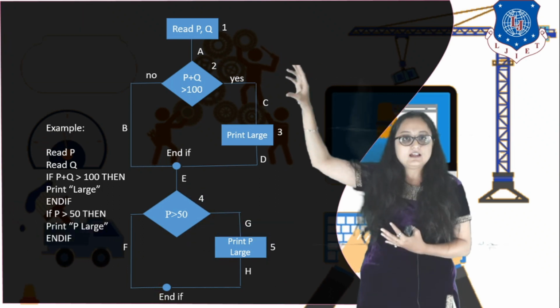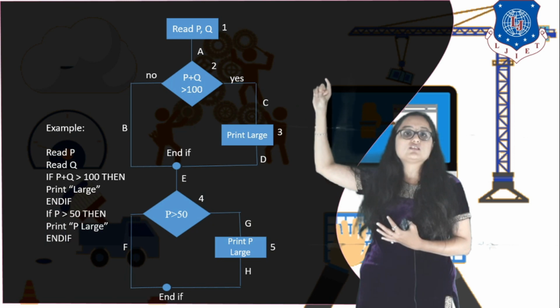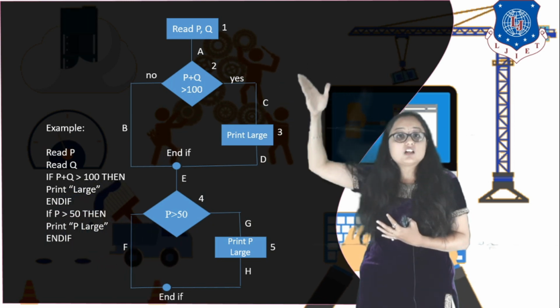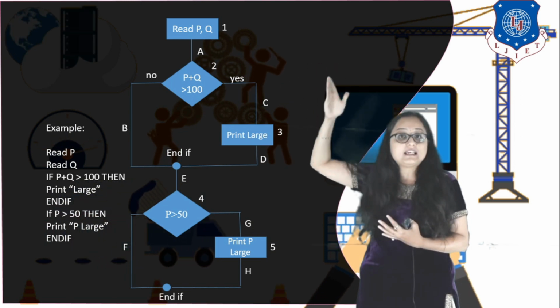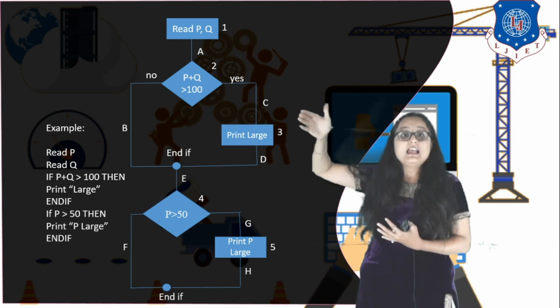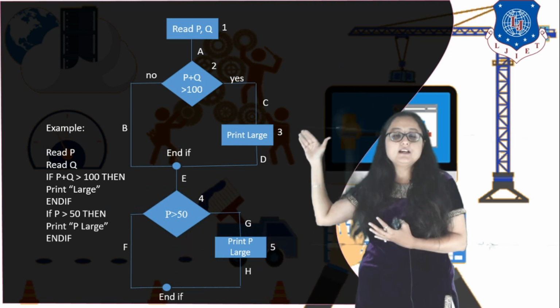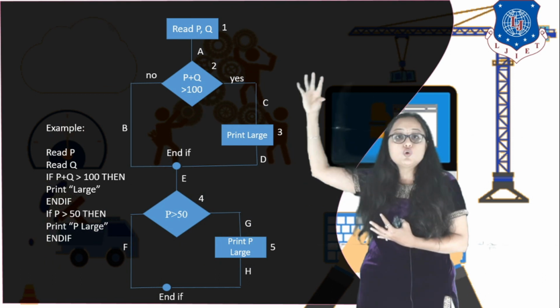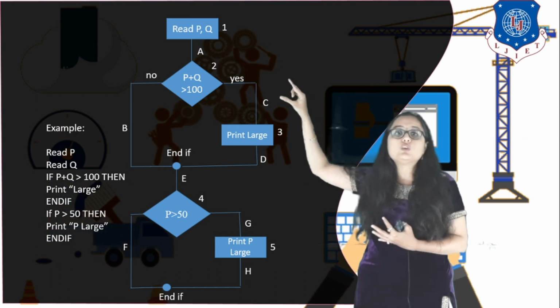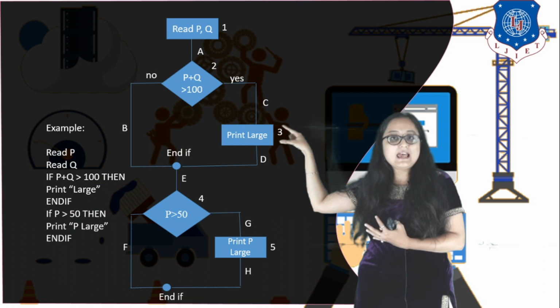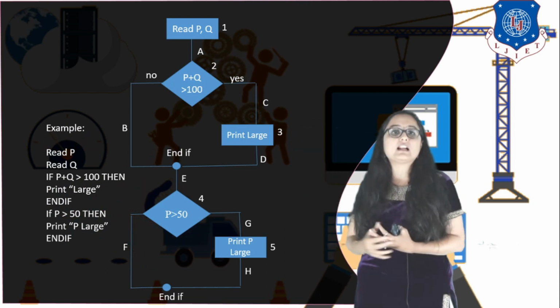You can say 1A, that means you are executing statement 1, and then the control is going through the edge A, and then you can say 2C. It means your second node is getting executed and the control is going via the control edge C. So this is how you will write the path.